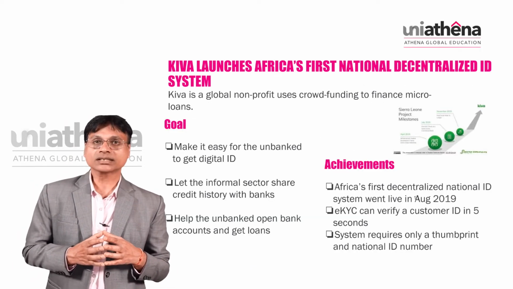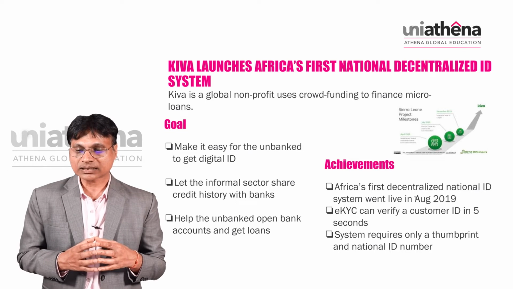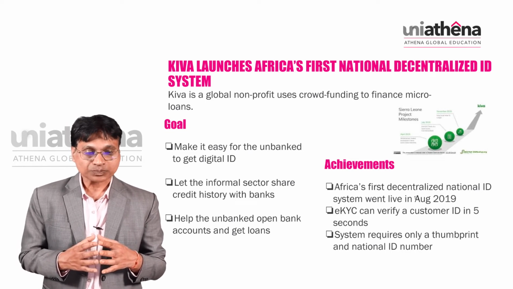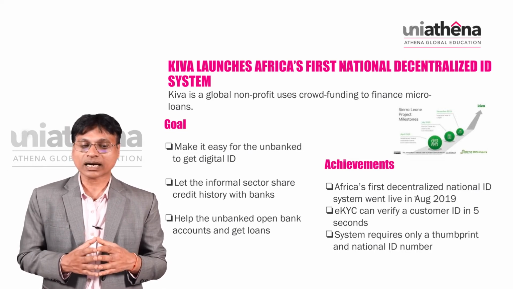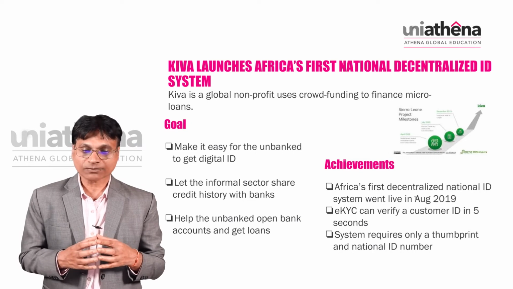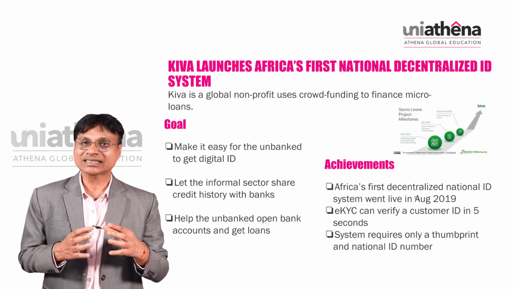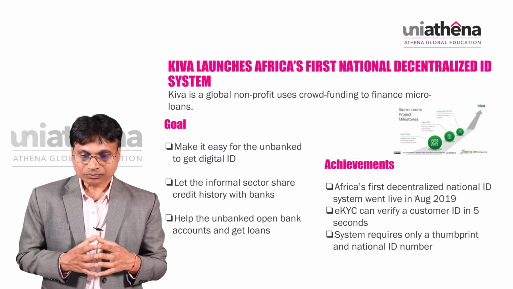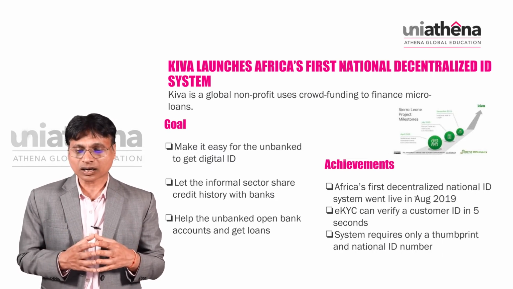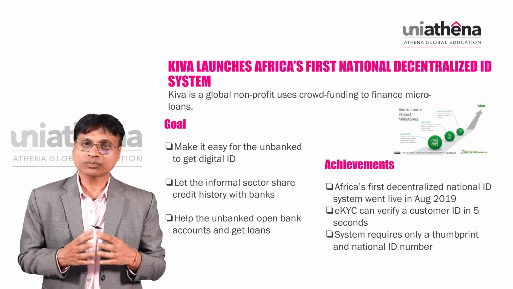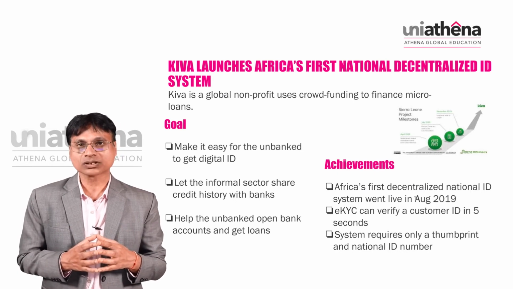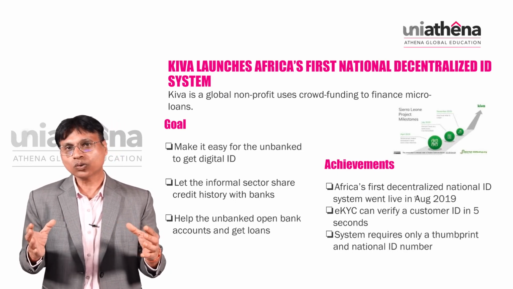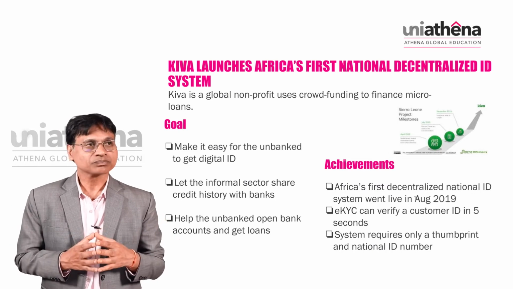Another success story is Kiva. Kiva is an identity management platform. The first national decentralized identity management happened on this in Africa. Kiva is a non-profit organization, and they provide micro loans to people living in remote places.